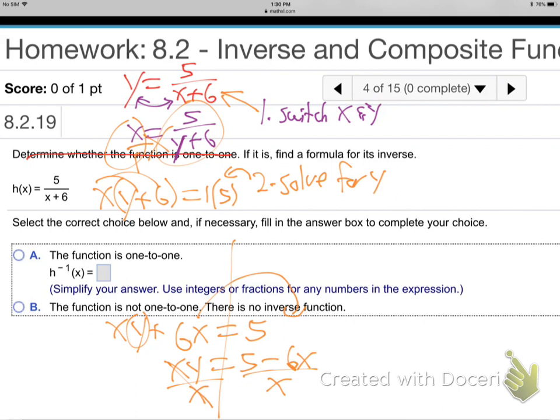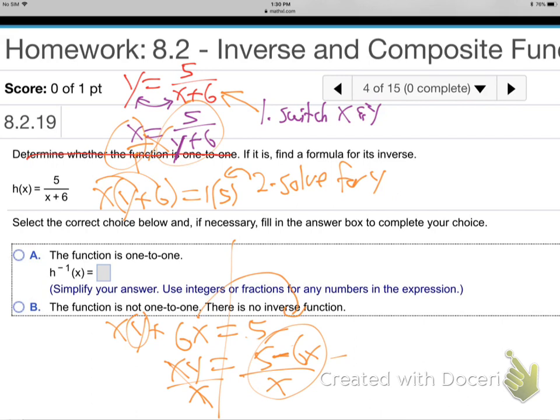Hey, can I cancel those x's? No. Why not? Plus and minus. Things that are plus and minus are glued together. You buy the whole package or you buy none of it. So we can't do it. It stays just like that.